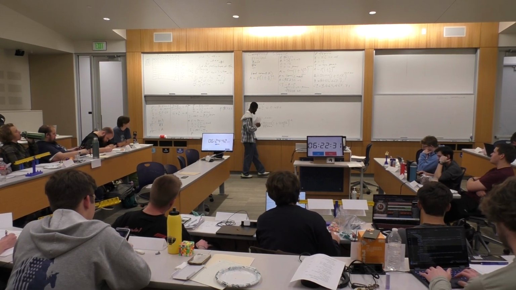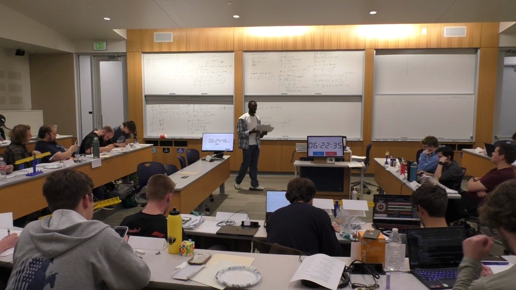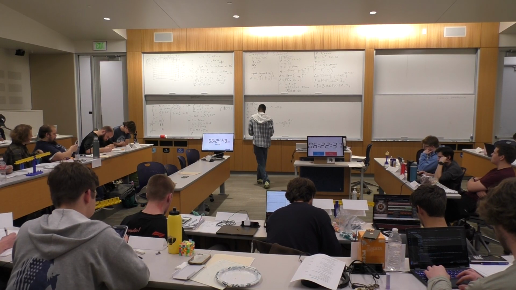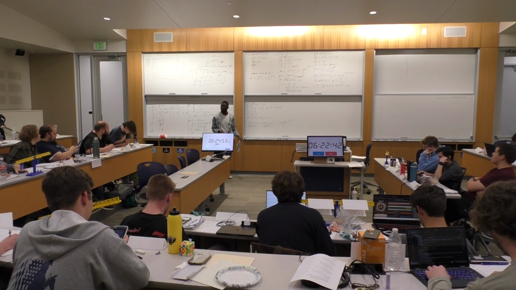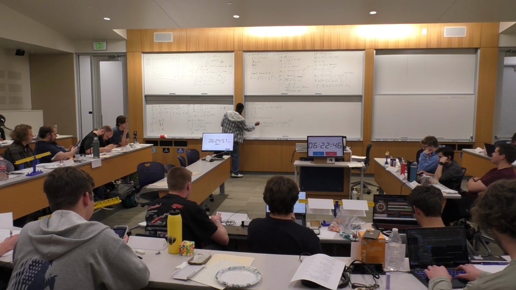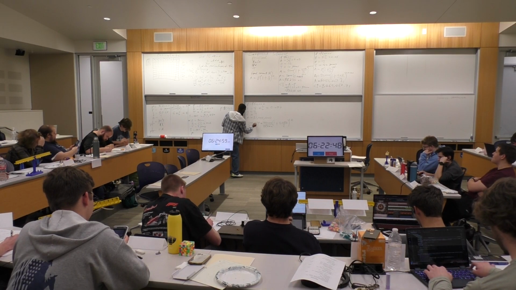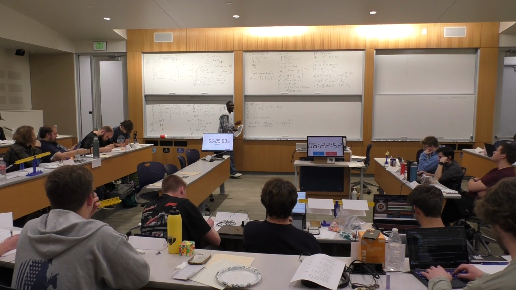$1 million divided by $50,000 will give you what? Just 20. Zeros cancel zeros. 100 over 5, 100 divided by 5 is 20.